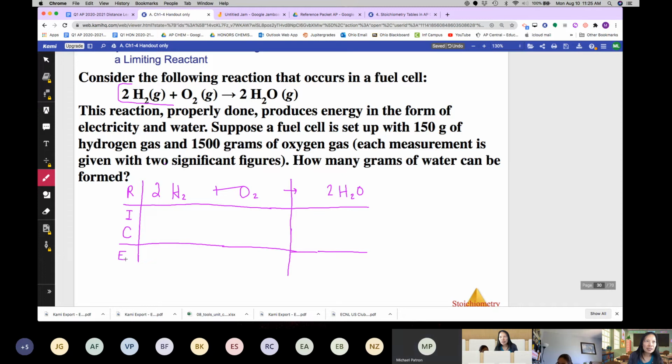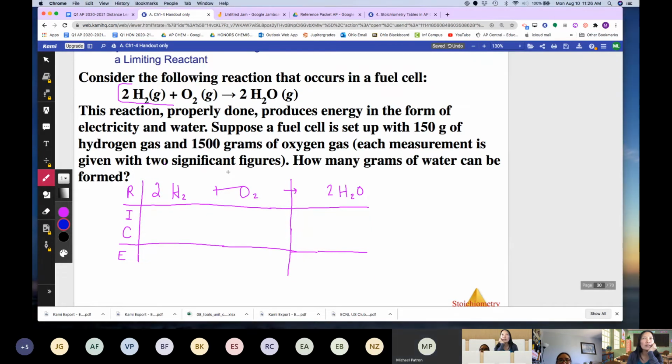Okay, can somebody tell me, how much do you have in the beaker? 1,500 grams of oxygen.